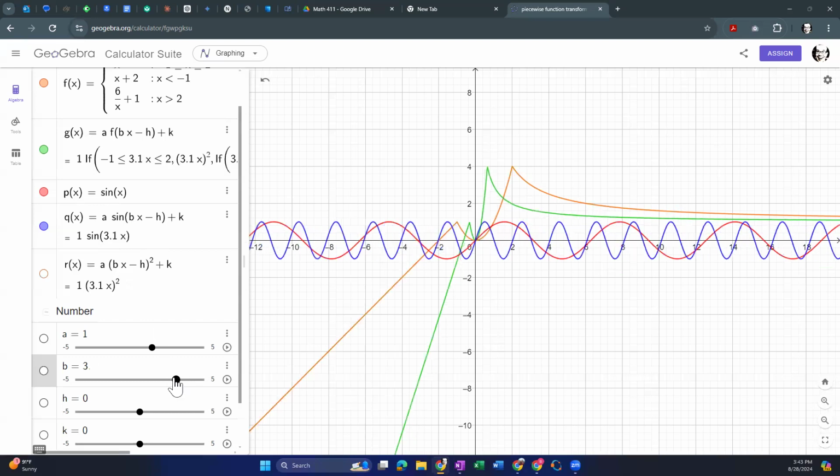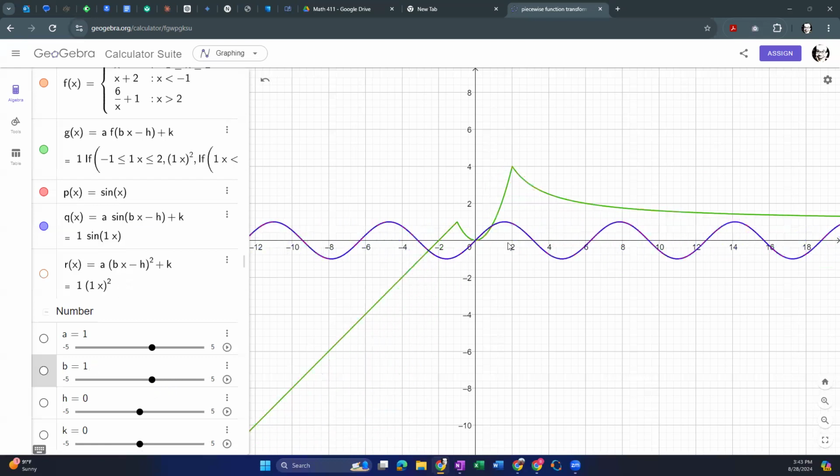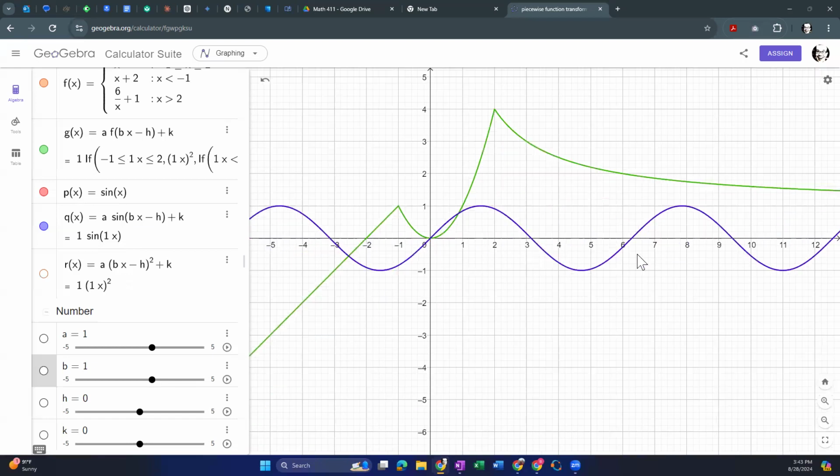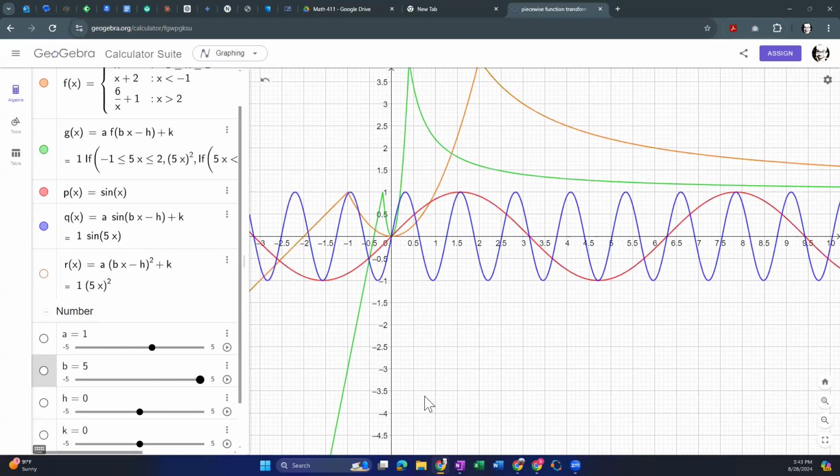When this is 1, over 2 pi, sine fits into it once, but if we were to multiply this and go up to 5, that means there are 5 sine waves that fit into the same space. So 5 repetitions. So this b is like a horizontal stretch or squish, kind of in a way that you wouldn't expect.